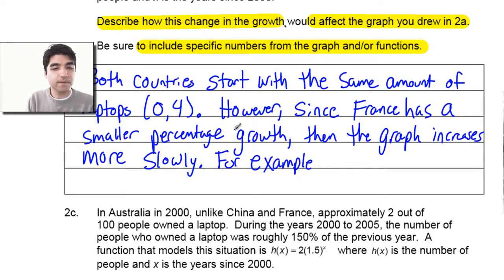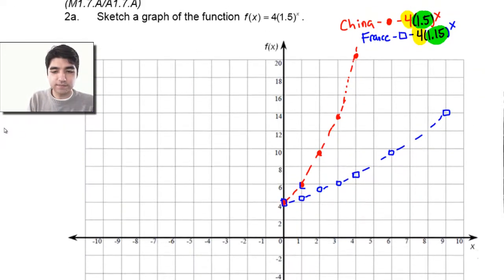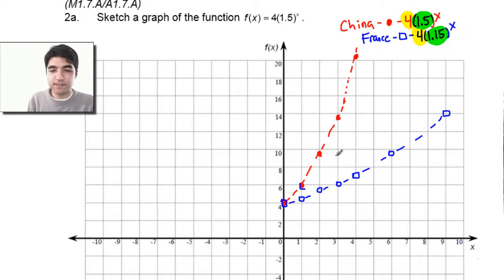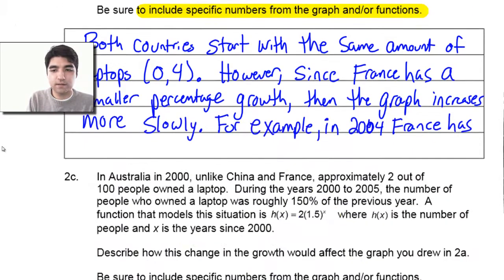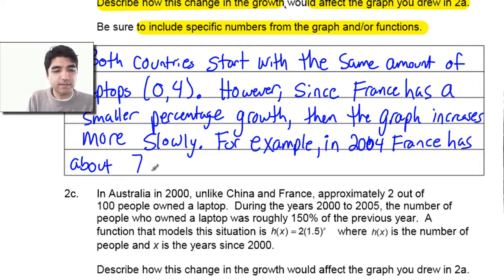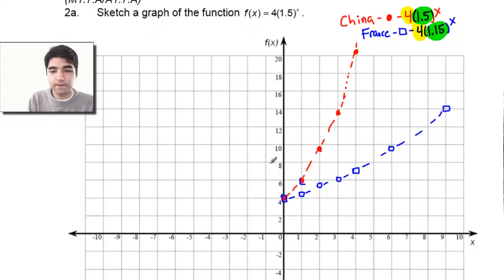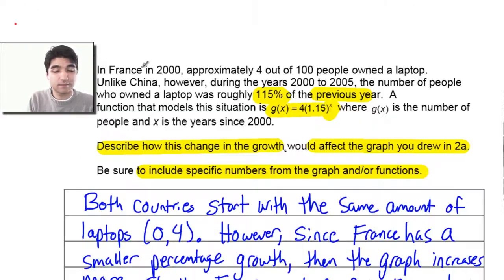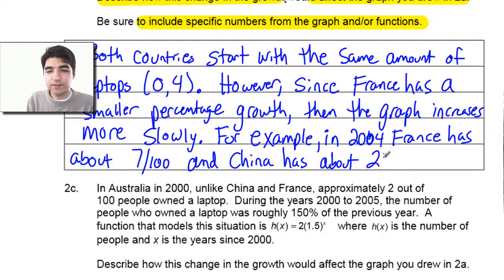For example, in 2004, France has about 7 out of 100, and China has about 21 out of 100.